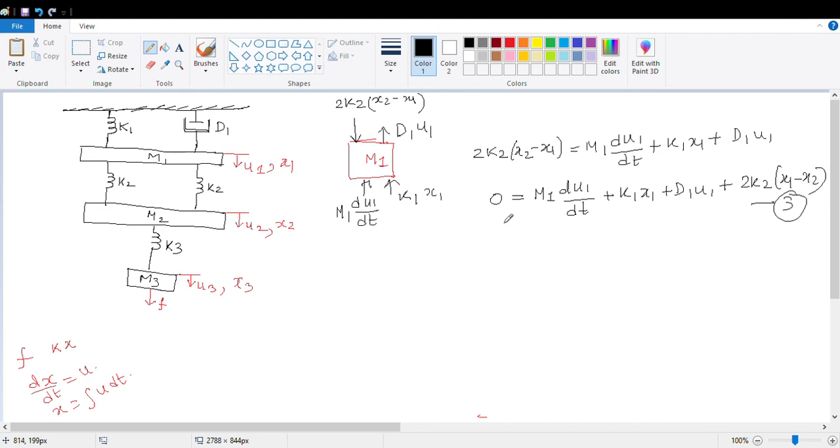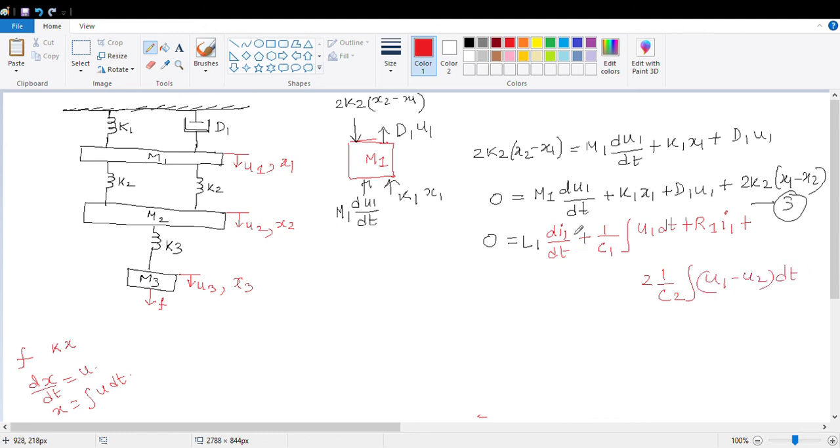Now if I convert it into the electrical analogous, then what will happen? This will be 0. This will be L1 di1/dt plus k means 1 by C1 integration of i1 dt plus d1 means R1 times I1 plus 2 times 1 by C2 integration of I1 minus I2 dt.